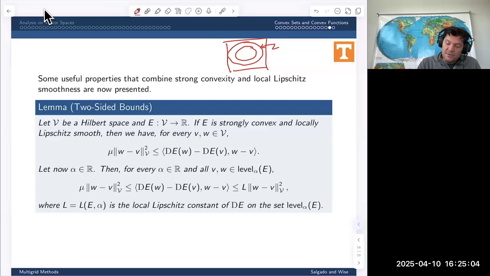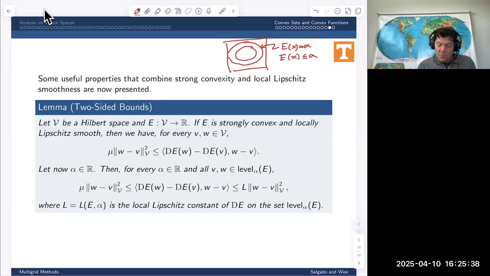That's the set of all points where E(x) is equal to alpha. And the sublevel set is the set of points where E(x) is less than or equal to alpha. That's why it's called sublevel. Those are generally speaking bounded sets. Usually, not always, but usually, in the way we're going to view things.